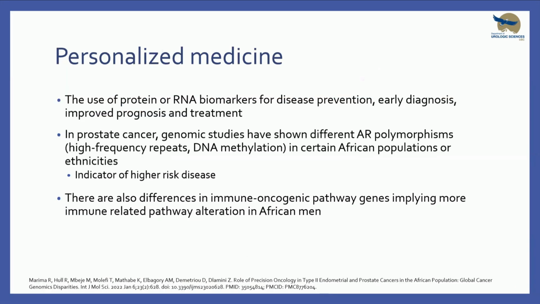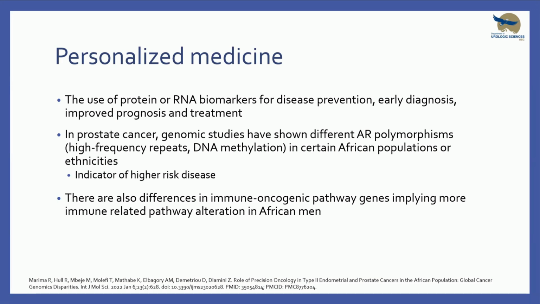Another strategy, both from a research and a clinical standpoint, that I think will be helpful in combating social determinants of health is personalized medicine. So the use of protein or RNA biomarkers for disease prevention, early diagnosis, improved prognosis, and treatment. For example, in prostate cancer, genomic studies have shown different androgen receptor polymorphisms like high-frequency repeats and DNA methylation in certain African populations or ethnicities, which are indicators of higher risk disease.